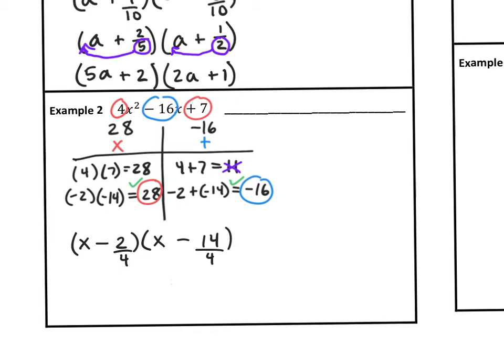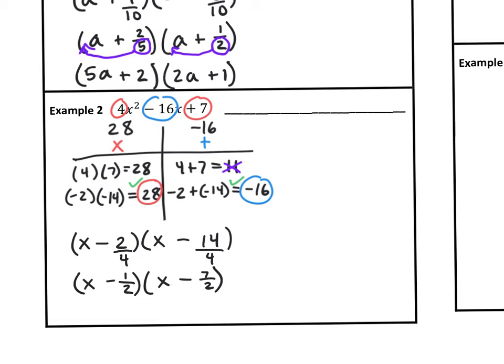Okay, and then in the next step, we're going to reduce. 2 over 4 becomes 1/2. 14 over 4, they're both divisible by 2. 14 divided by 2 is 7. 4 divided by 2 is 2.